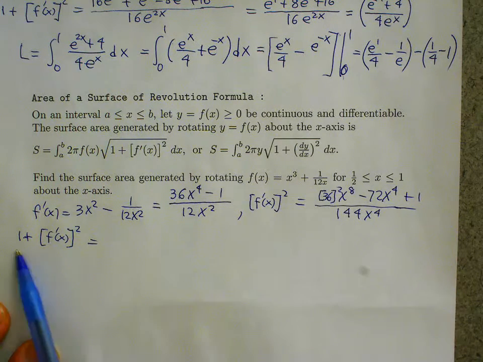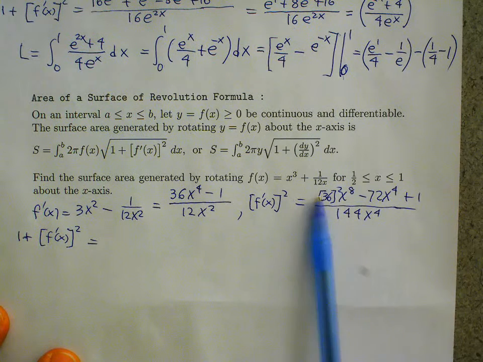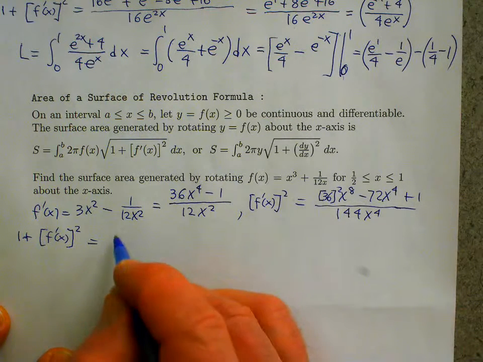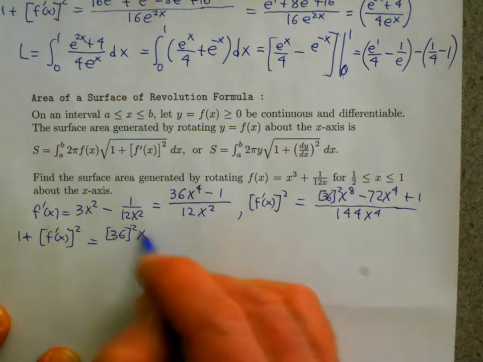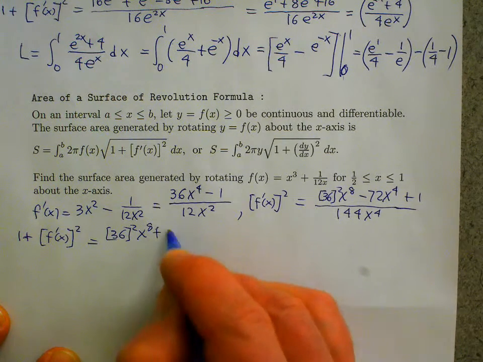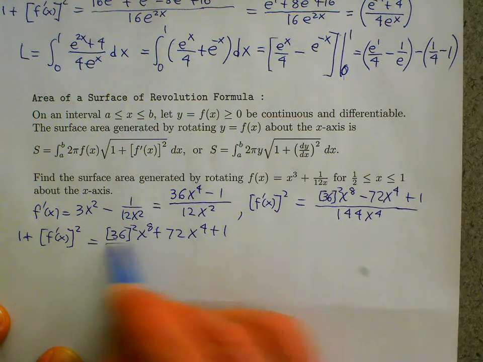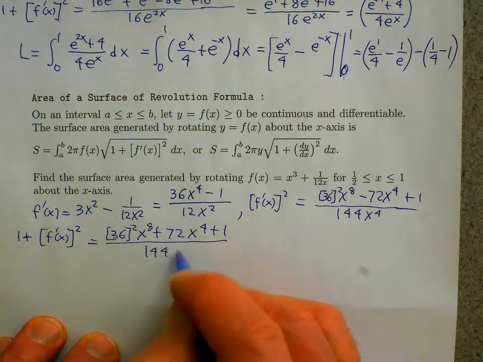So if we convert 1 to 144x to the 4th over 144x to the 4th, and then simplify the numerator, this will become 36 squared x to the 8th plus 72x to the 4th plus 1 over 144x to the 4th.